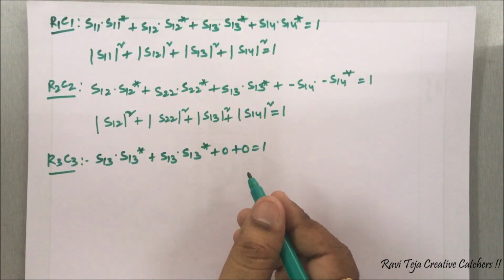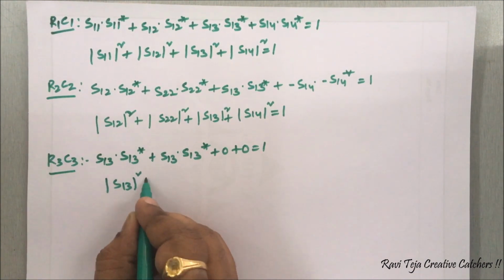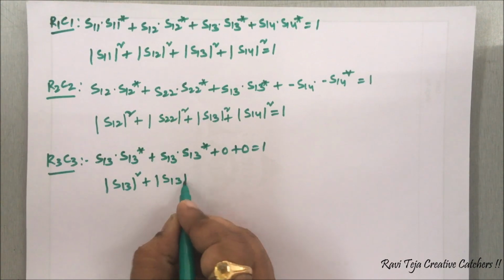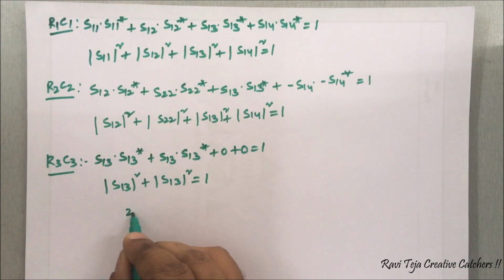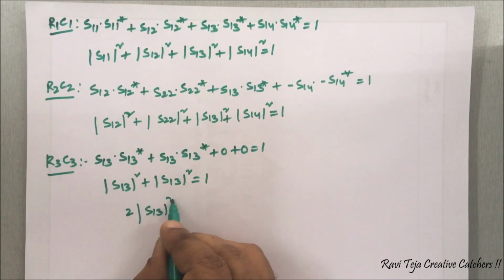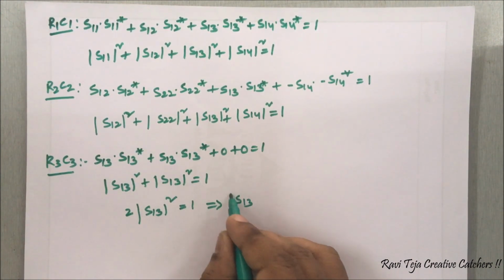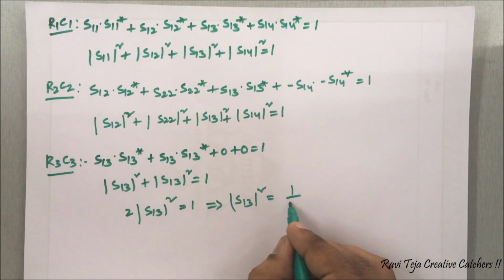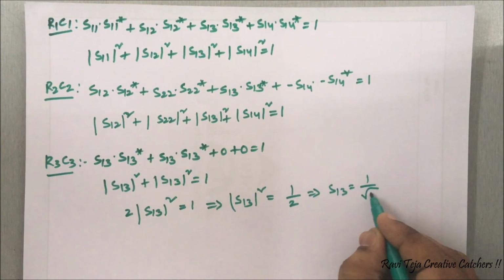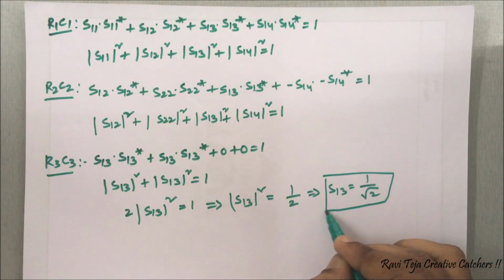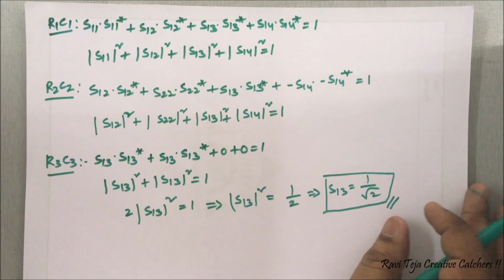So this can be written as modulus of S13 square plus modulus of S13 square is equal to 1, which is 2 modulus of S13 square is equal to 1. S13 whole square is equal to 1 by 2, so S13 is equal to 1 by root 2. This is what we got from R3 C3. Okay, now let's calculate.